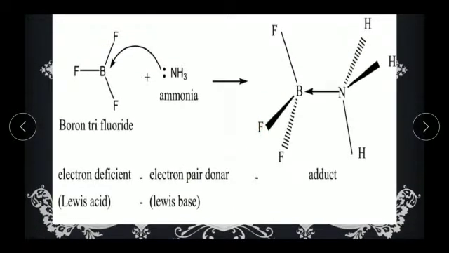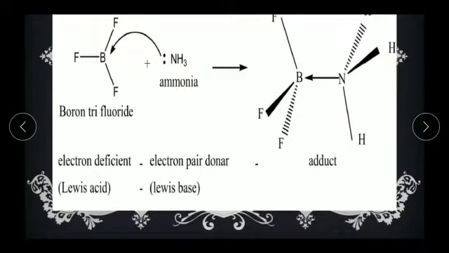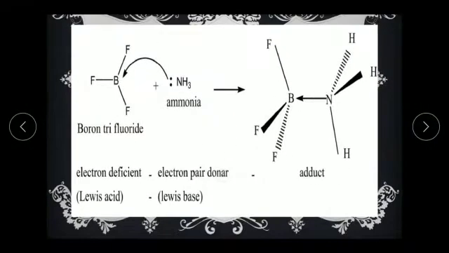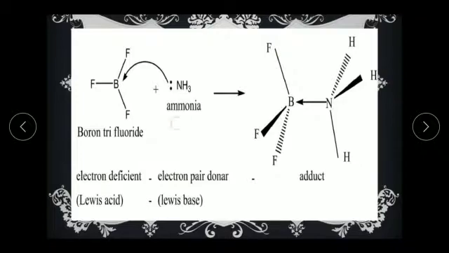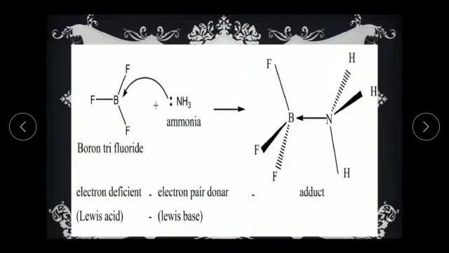Let us again see here. Boron trifluoride accepts a lone pair from the nitrogen of ammonia. Ammonia has one lone pair, which is donated to the boron. So now we are getting a coordinate covalent bond, and we already know what this coordinate covalent bond is. Boron has a vacant 2p orbital to accept this lone pair donated by nitrogen.